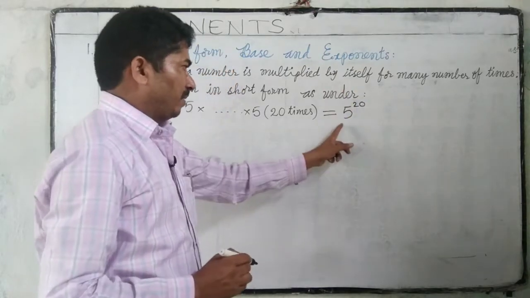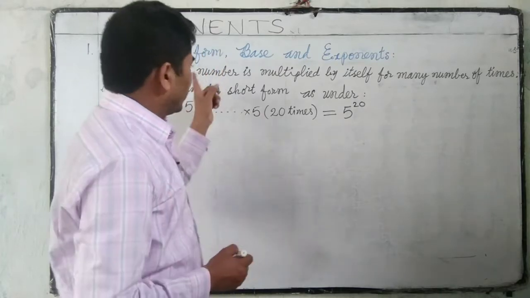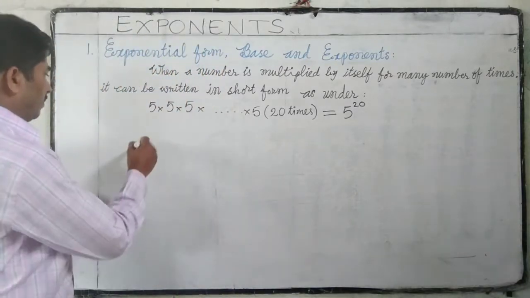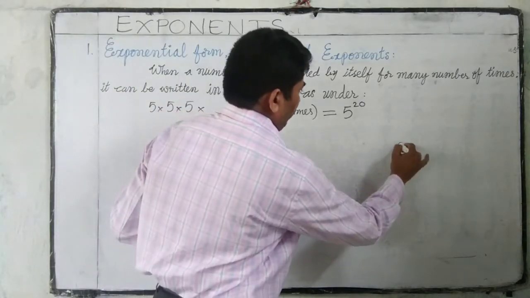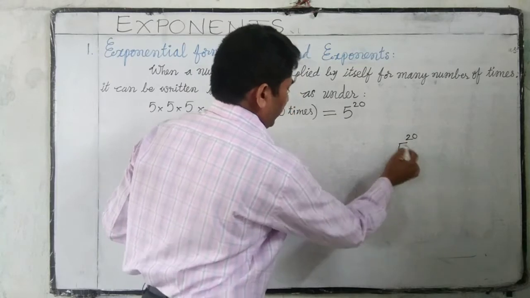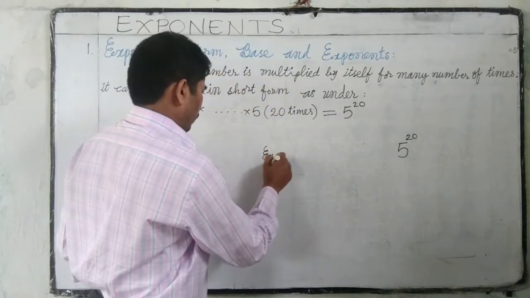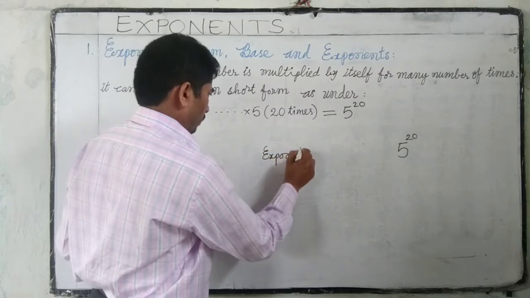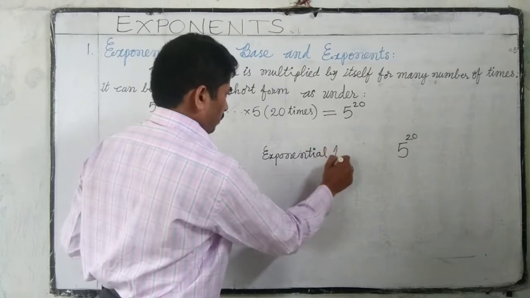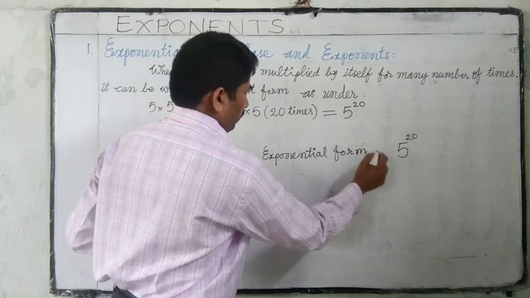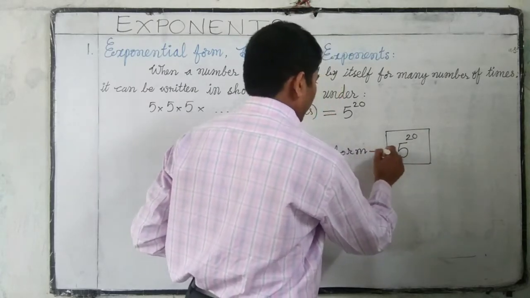So this short form, 5 to the power of 20, is called exponential form.